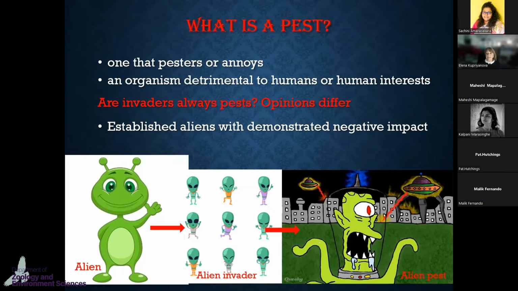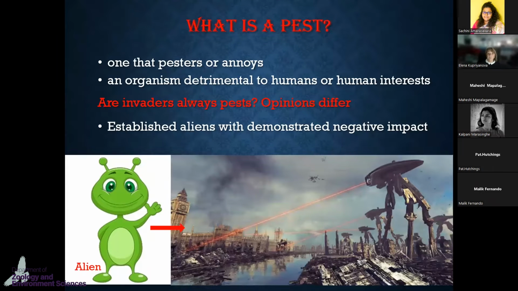Some say that an alien species has to establish and become an actual invader, and then it has to start pestering, so a negative impact has to be shown. But some people argue that aliens are always pests. So it's a matter of opinion here.